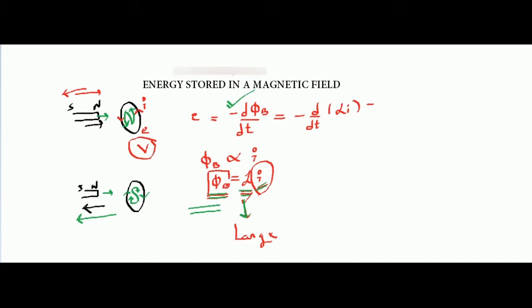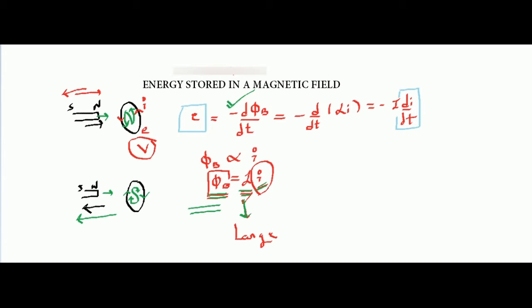So what is the final equation? You get minus L di by dt. What does this equation say? It says that the amount of EMF generated in the wire is proportional to the rate of change of current in the wire. Agreed?